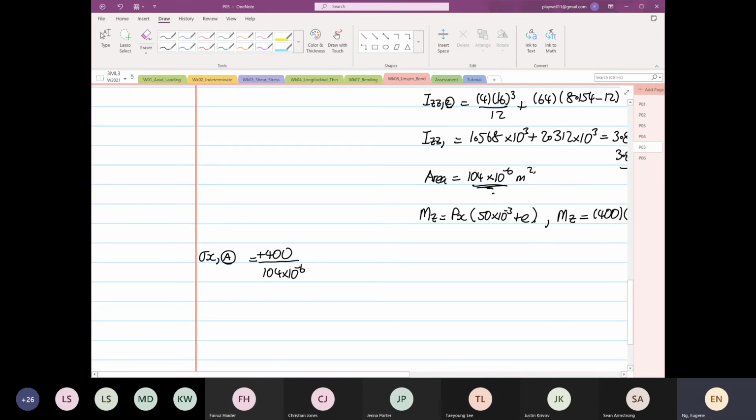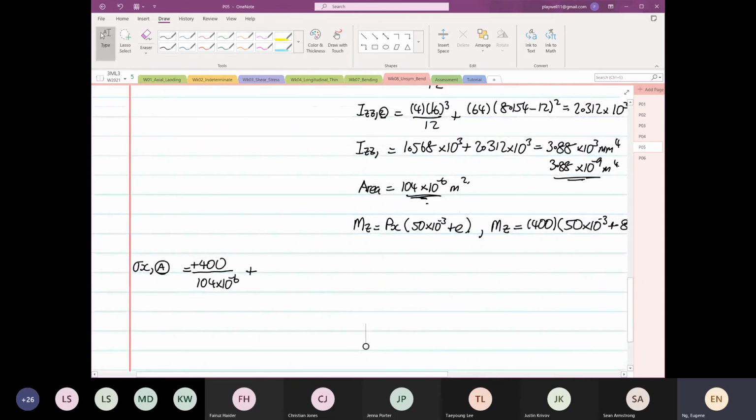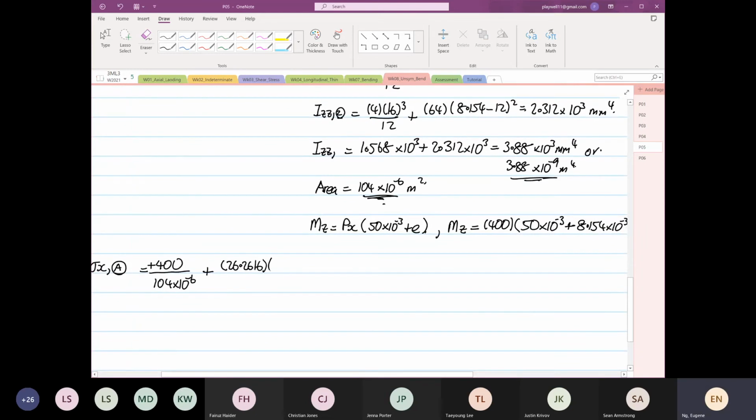And we know that stress due to bending is tensile, so the MZ is equal to 23.2616, the Y is 8.154, and the IZZ is equal to 3.88.